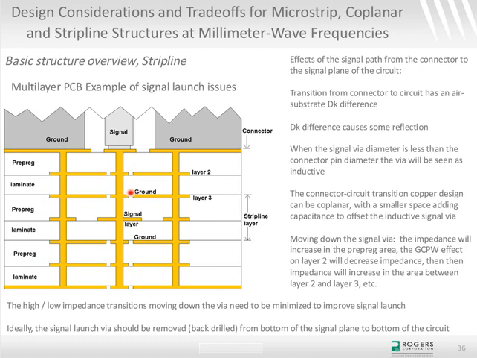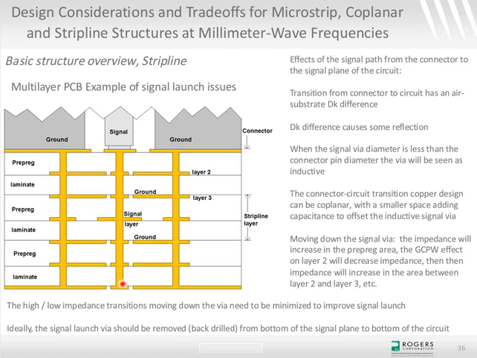Now, another thing that is done often is this extra length of the signal via really is not serving any good use, because you want the signal to go down the connector, down the via to layer 4, basically the signal layer, and then transition out of the page. And the rest of the energy, you don't want to go down the rest of the via. That rest of the via can act like a stub and can radiate energy, can cause reflections, can do bad things.